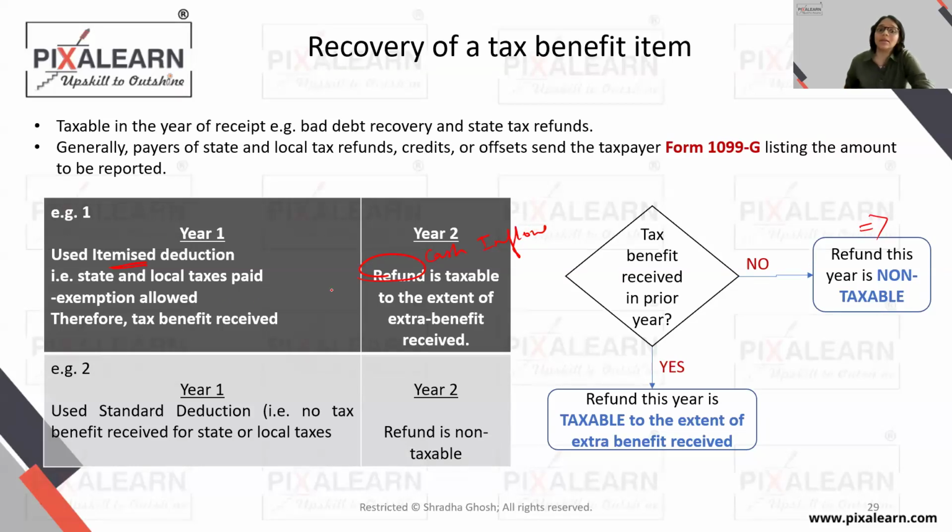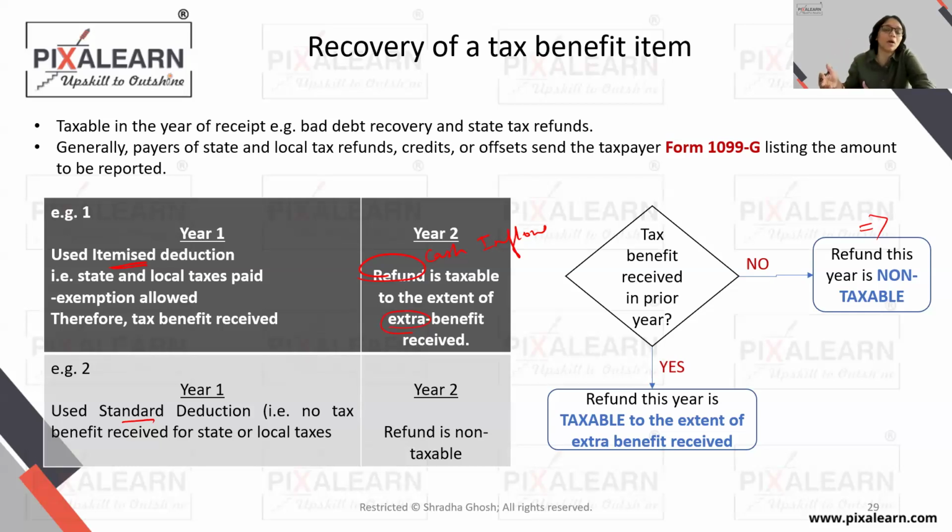So I will say that, see, did I get a tax benefit last year? How do I get a tax benefit? If I would have claimed the itemized deduction and if that claim would have lowered my taxes. So if I would get a tax benefit earlier, we would be taxing that refund, else no. So if let's say last year we used standard deduction, or let's say last year we used itemized deduction, but irrespective of the amount, the threshold limits would not have been reached.